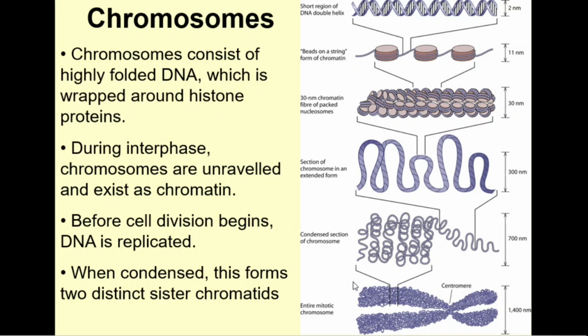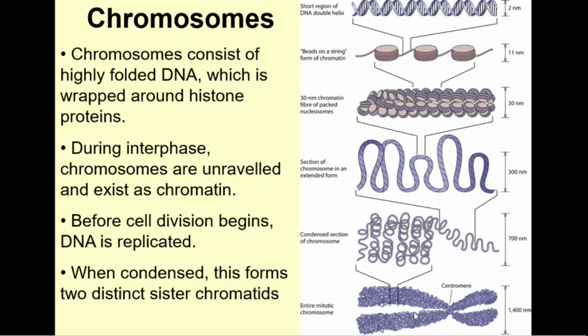Don't forget what happened during the S stage of interphase. Our DNA replicated. So when we look at a chromosome like this, what we can see is this top part here and this bottom part here. These are what we would refer to as sister chromatids. So this is one complete copy of the DNA for that chromosome. And then under here, we've got the other copy that was produced during the S stage of interphase of the same chromosome.